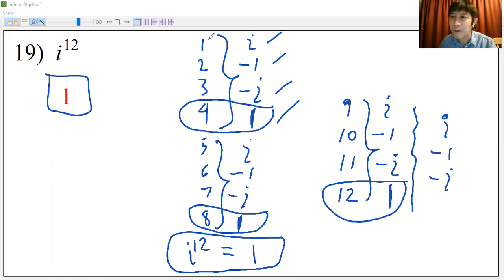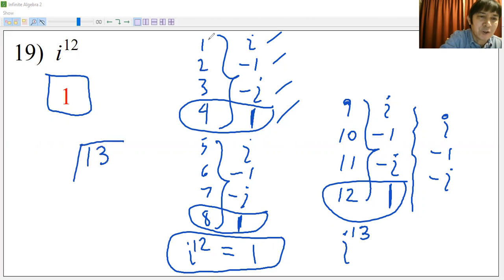So you can now determine what is I to the 13. If you divide 13 by 4, that will be 3 with a remainder 1. If we divide this, that will give us 3 in the quotient, but there will be a remainder of 1 over there.